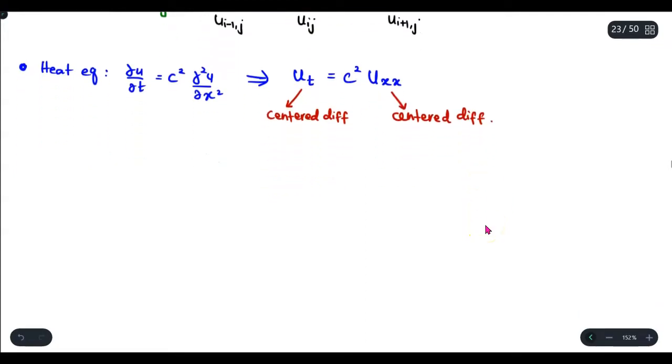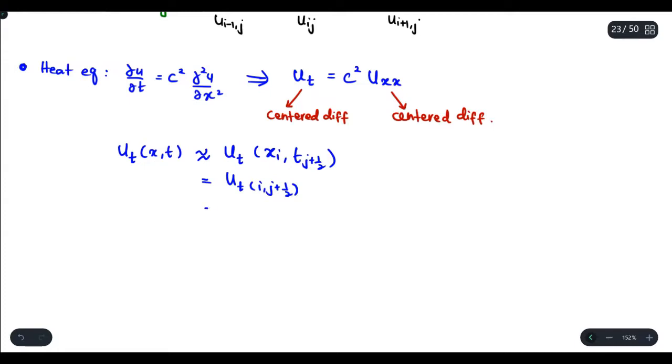Now if we write our u_t, this u_t at the point x and t is approximated to u_t at (x_i, t_(j plus half)). You can write it as u_t,i^(j plus half) here.